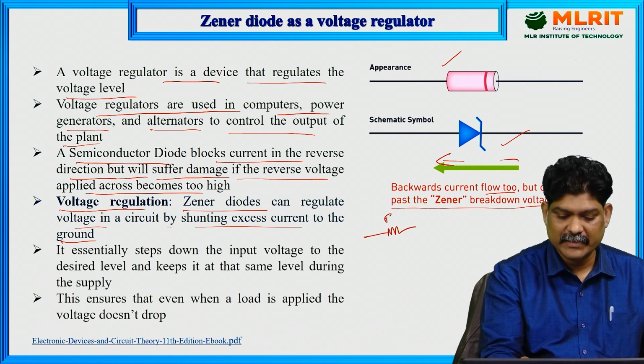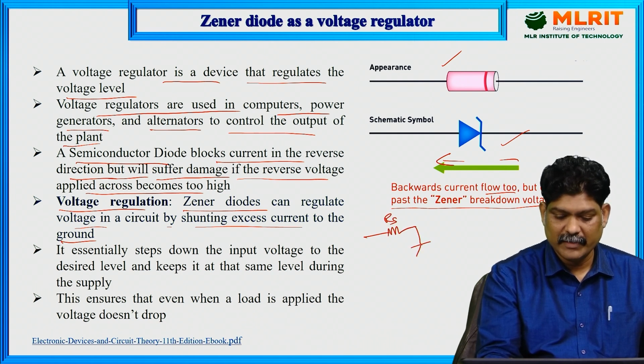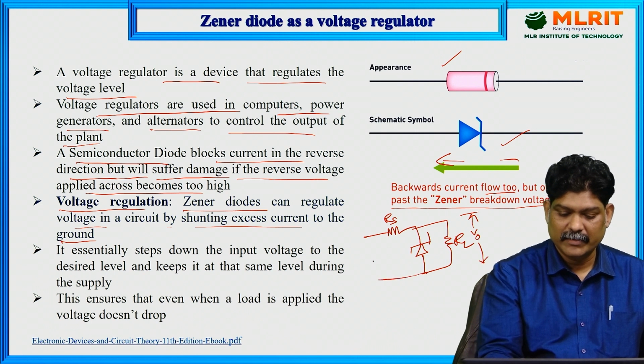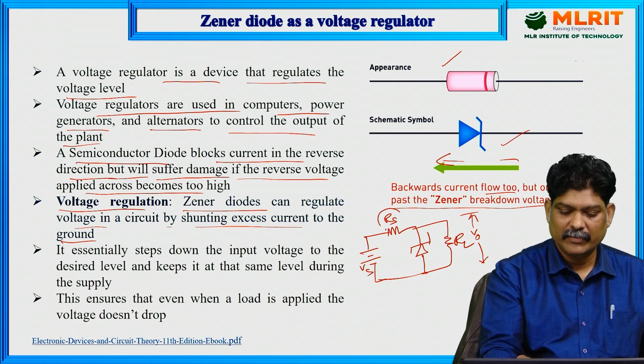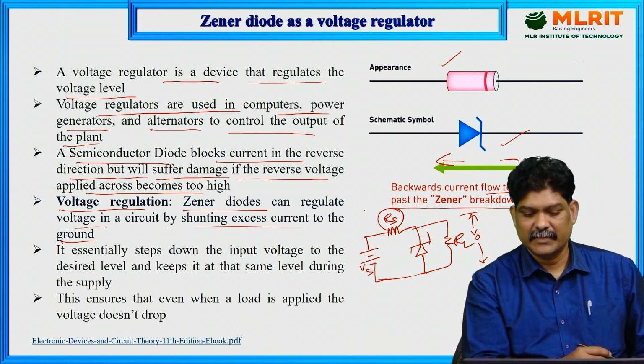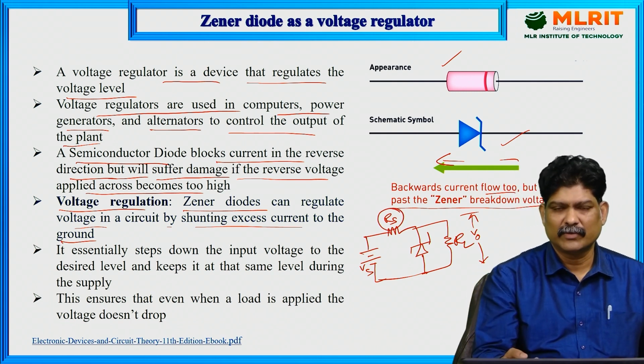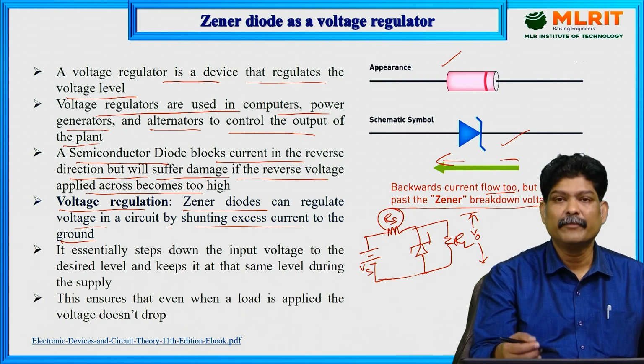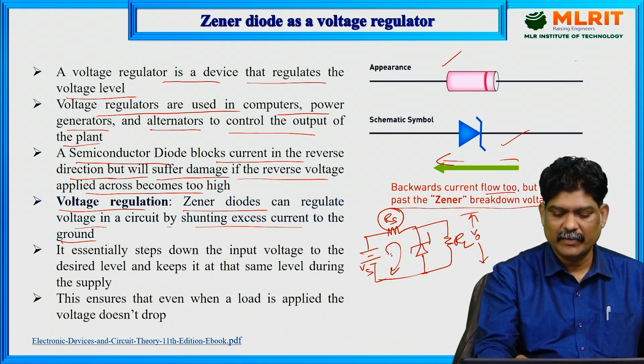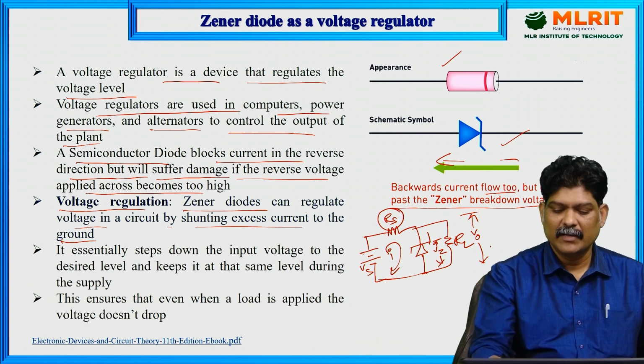You will have a series resistor here, and across this you will have the Zener diode, and here you will have some load resistor, and across this you will measure the output voltage, and here you are giving the input voltage Vs. Here Rs means series resistor, or source resistor, or particularly a current limiting resistor. So current will flow like this. Across this we have Vz, the Zener voltage.